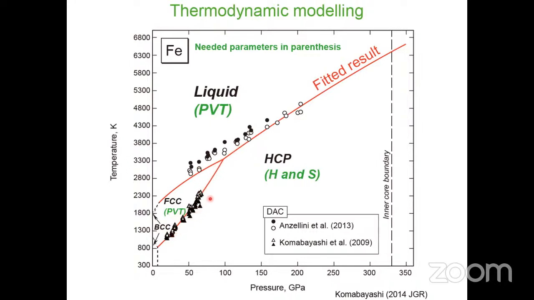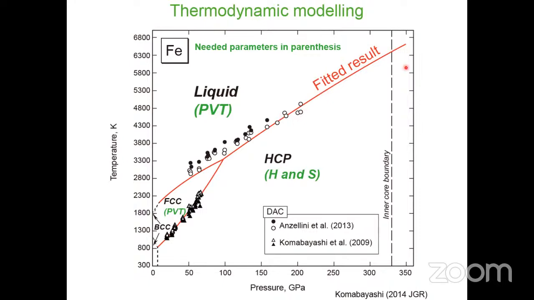These triangle experiments are on the FCC-HCP boundary, and these circles are on the melting point of iron. By calculating the free energy change to reproduce these experimental data, we fitted the PVT equation of state for the liquid. And these red curves are the calculated results.